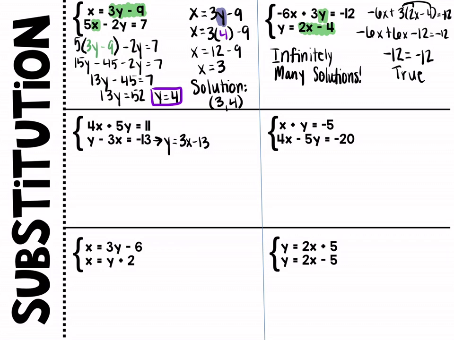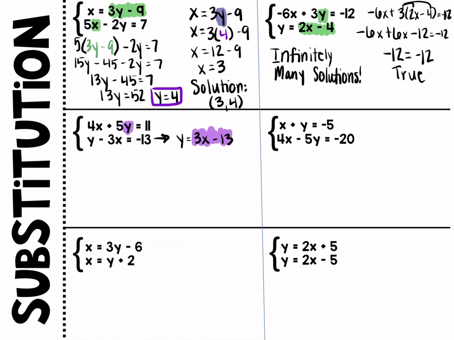Then what I'm going to do is plug in this equation. So it's y equals 3x minus 13. Now I'm going to take this piece and substitute it in for the y.